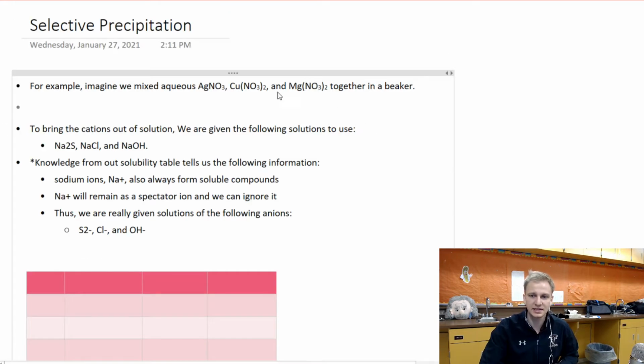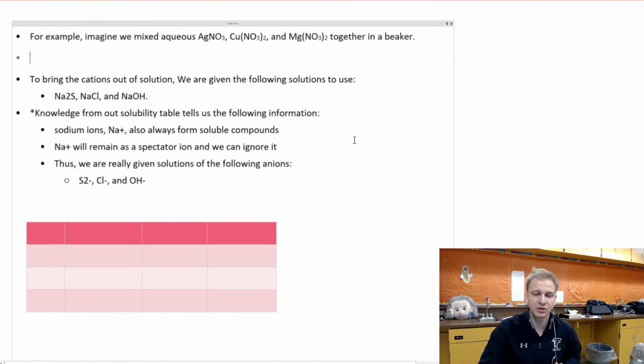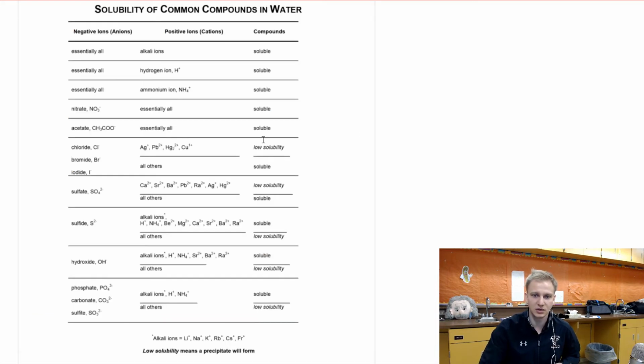And so what that means is that each one of these parts will be aqueous when we pour them in the water, and so we could do a dissociation equation for them. What we're then going to be given is a bunch of cations to bring stuff out of that solution. We're given Na2S, NaCl, and NaOH. And what you'll notice with those ones is that when we go to this data table and we look for our alkali ions, anytime you see alkali ions, they're soluble.